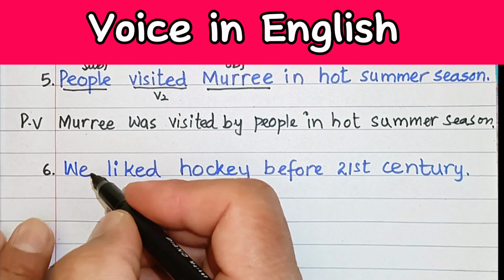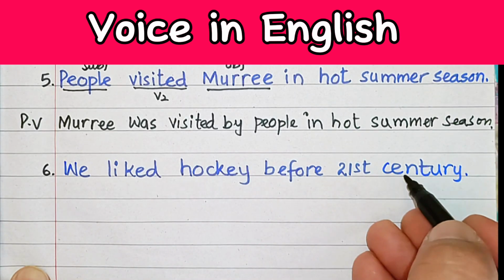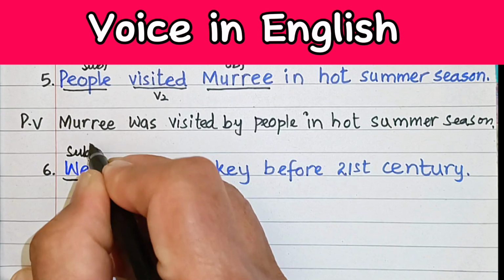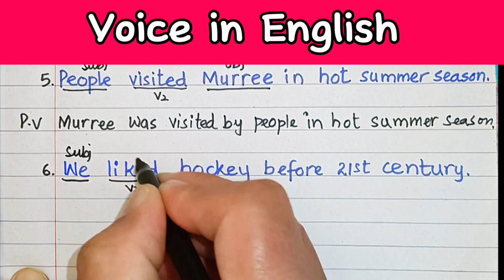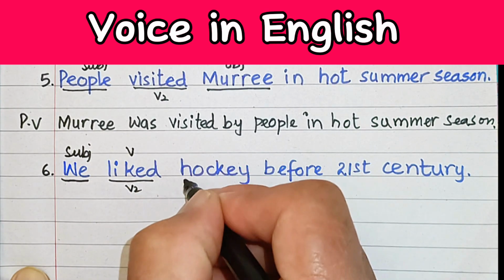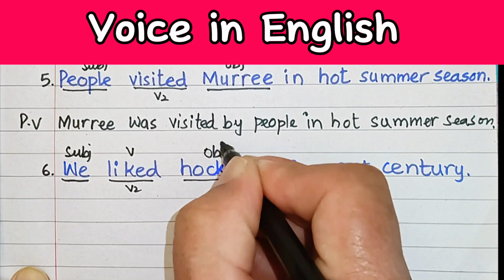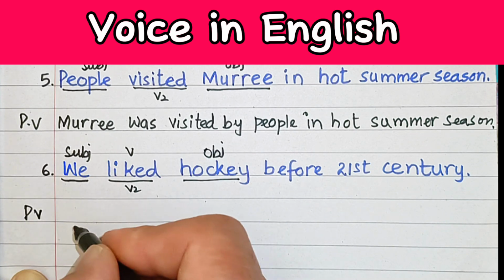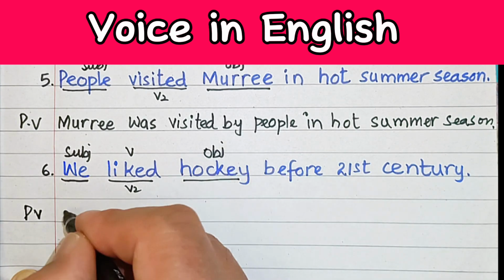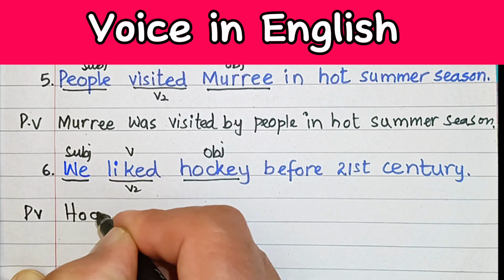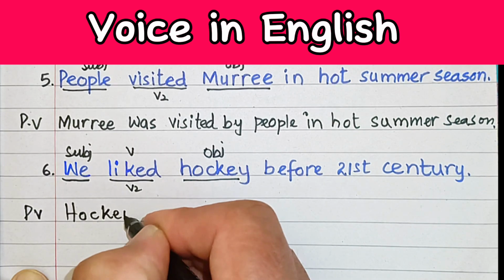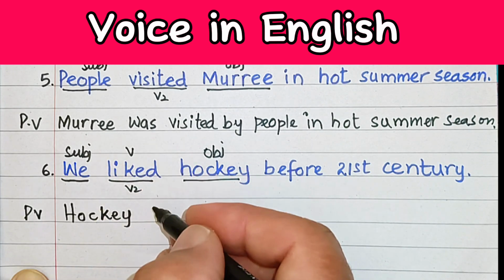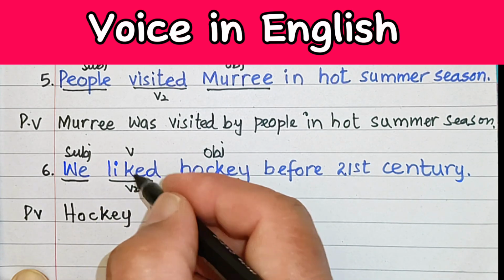Now sentence number 6, the last one. We liked hockey before 21st century. Again over here, we is the subject, liked is the V2 or past form of the verb, and hockey is the object. The rest of the information remains the same. So once we convert it into passive voice, first of all the object gets its place as the subject: hockey. Now liked, we can't put is liked, because this is V2 or past form.